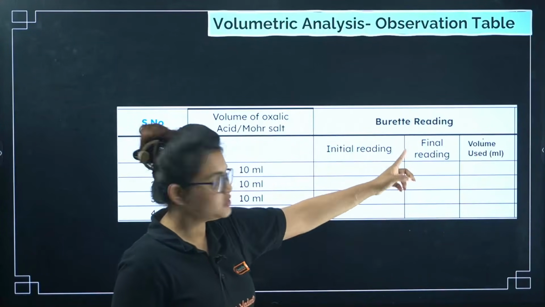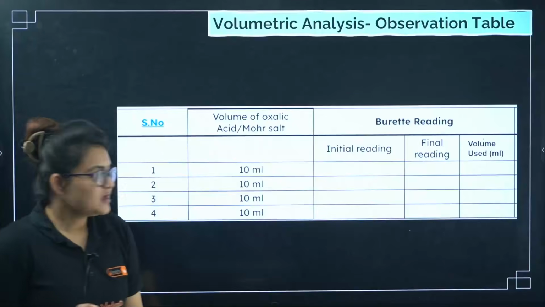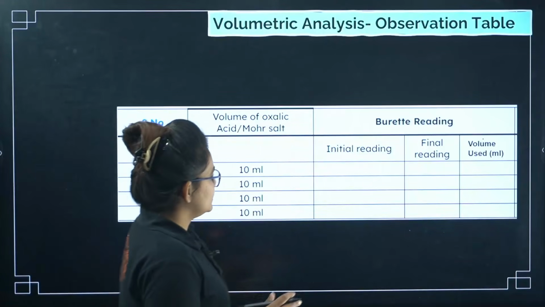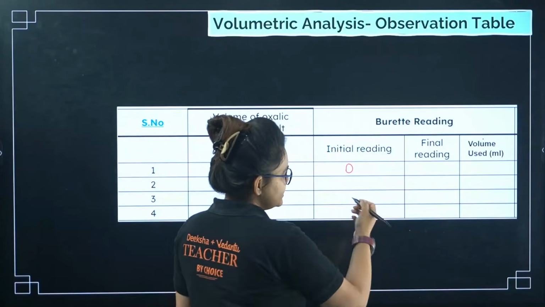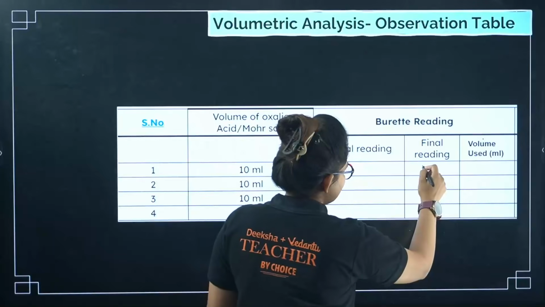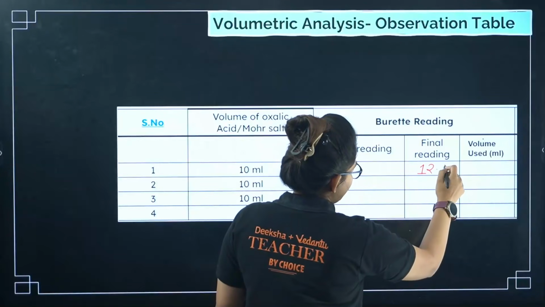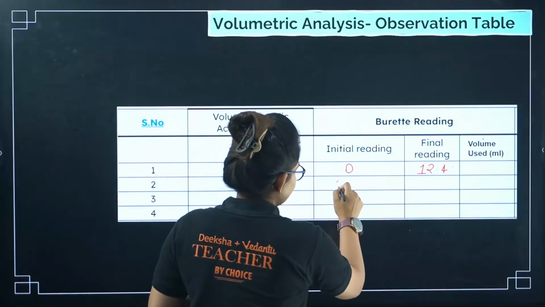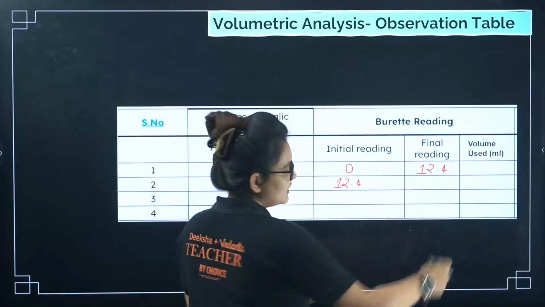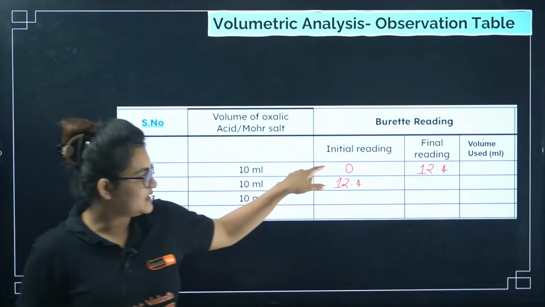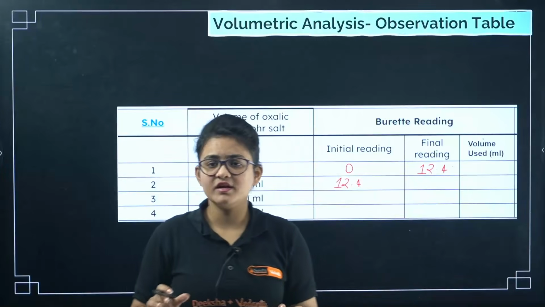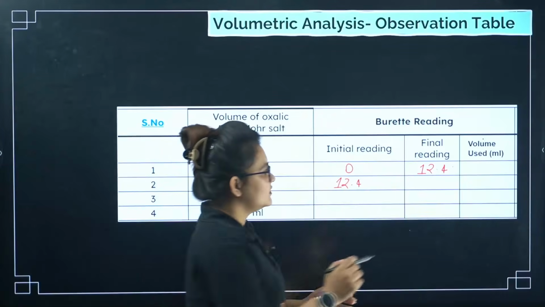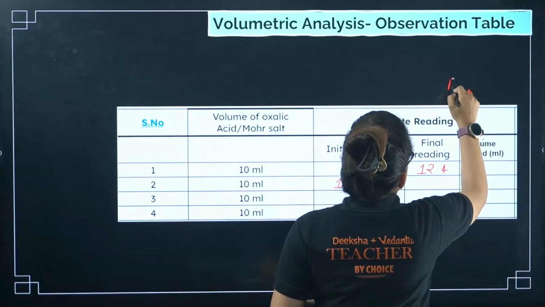So for the initial reading, let's say you start from 0 and end up, just randomly, at 12.4. Then you can start your next titration from 12.4 and continue. The first reading that is taken is a rough reading, the first one basically.